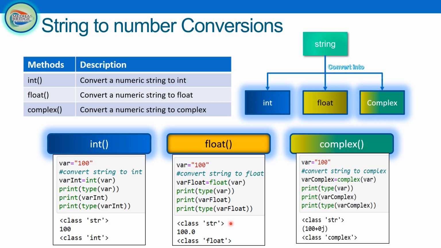You observe input string converted into float. Now you see complex method. We are trying to convert string into complex using complex method. Look at the output. We observe the input string get converted into complex number.